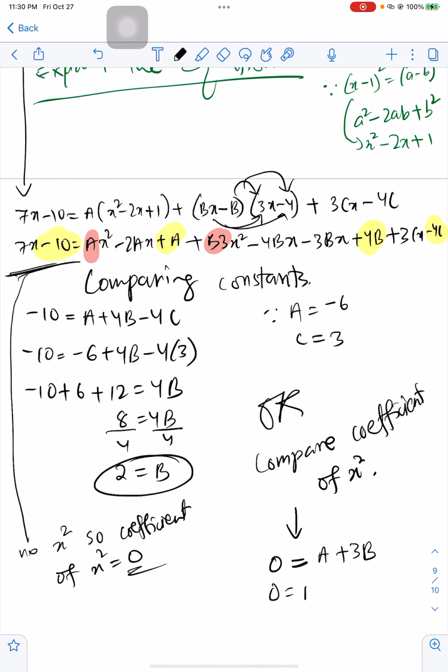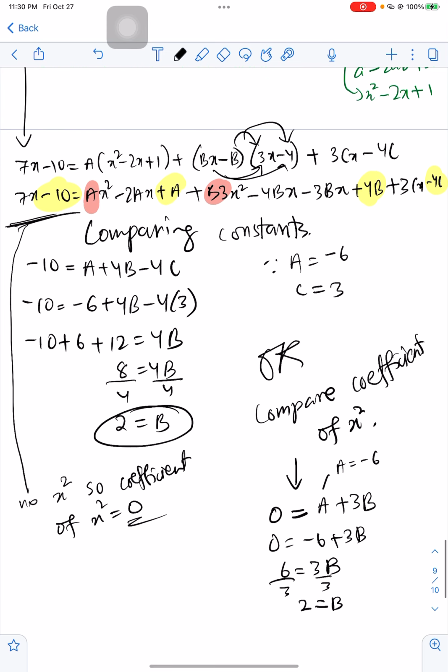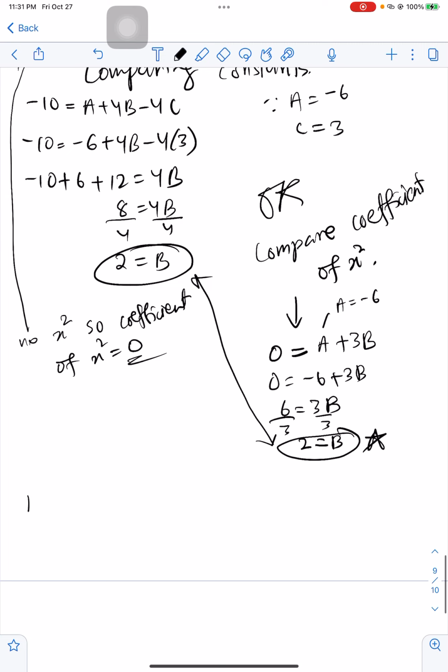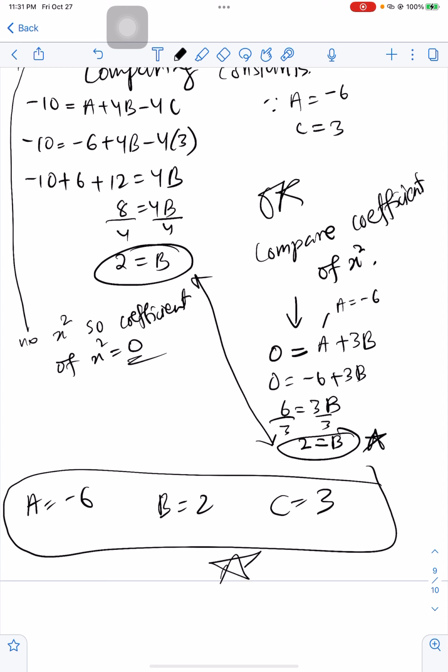So 0 equals a plus 3b. Since a equals negative 6, 6 equals 3b, divided by 3. So your b value is 2. Same. So now you have a equals negative 6, b equals 2, c equals 3.